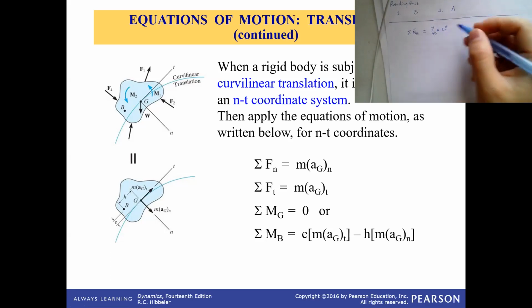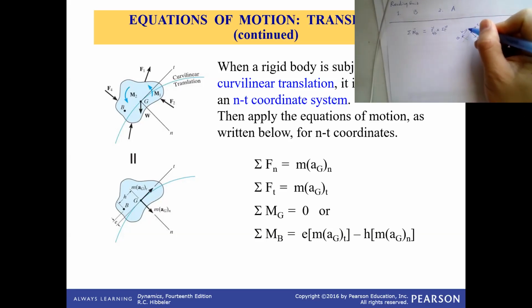In the coordinate system over here, with the tangential direction and the normal direction, point B is somewhere over here, with h in the tangential direction and e in the normal direction.